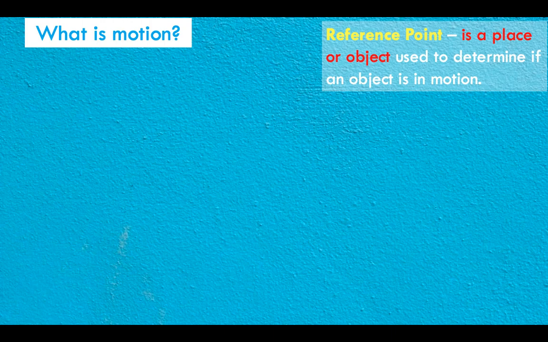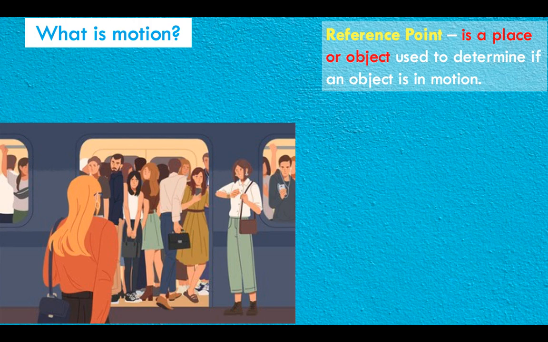An example of this is if you are 2 meters from the doorway outside the train, then your reference point is the doorway. This defines your position outside the train. Notice that you need a reference point, which is the doorway, and a direction, which is outside, to define your position.